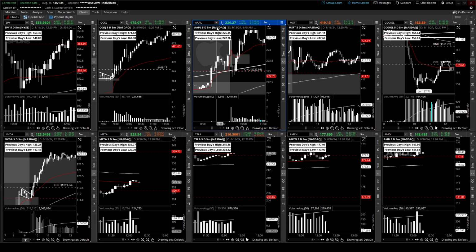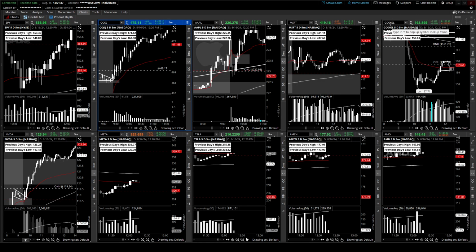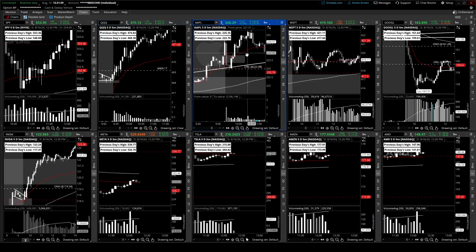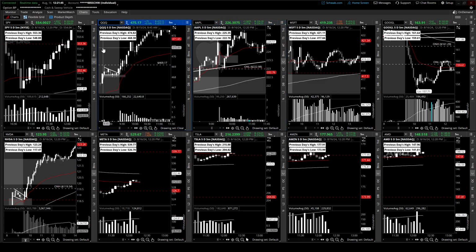Because like I said, you only need one name to potentially hold up the market. So with the tech here, let's say Nvidia was selling off, Microsoft was selling off, and Google was selling off, but the only name that was basing or holding up a little better was Apple. What is that going to tell us with QQQ? Yes, we probably will still continue to sell off, but it may not be as aggressive.